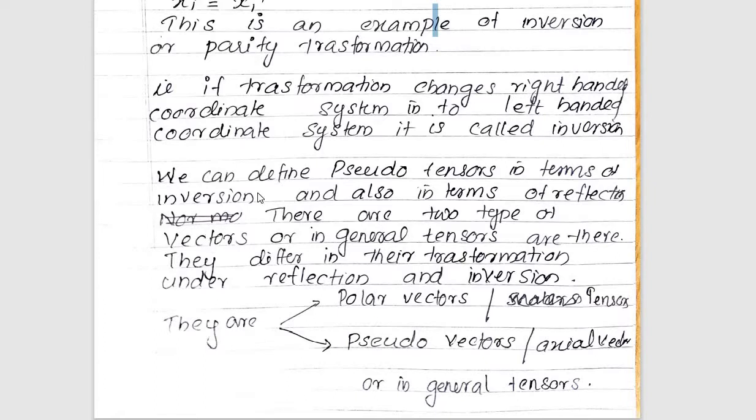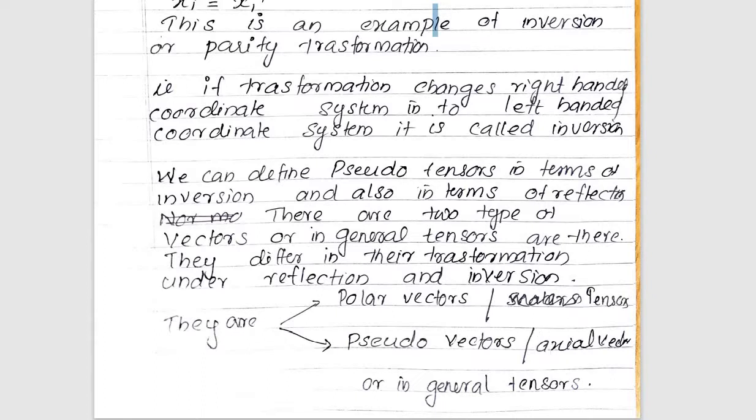That is polar vectors and pseudo vectors. Or in general we can say there are two types of tensors, polar tensors and pseudo tensors. This pseudo tensor is otherwise called an axial tensor. In the special case of vectors, it is an axial vector.